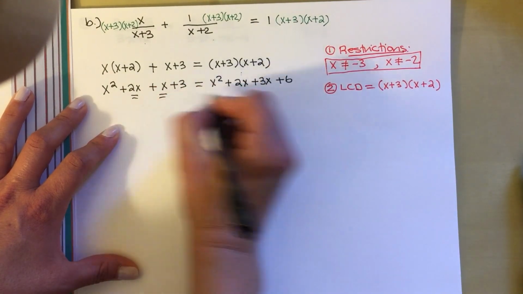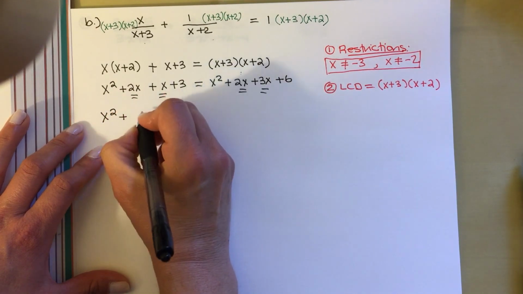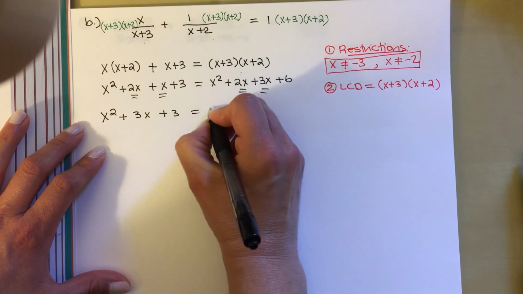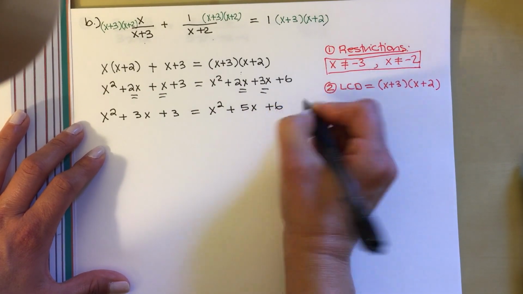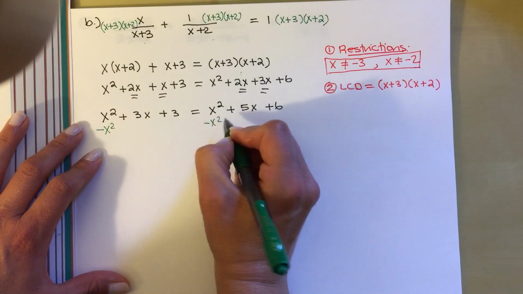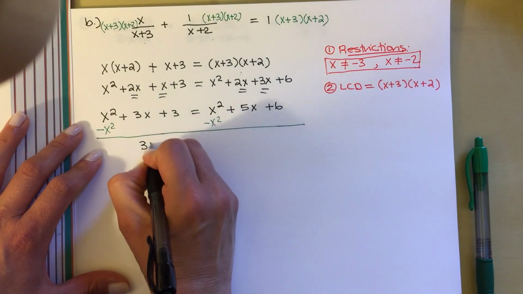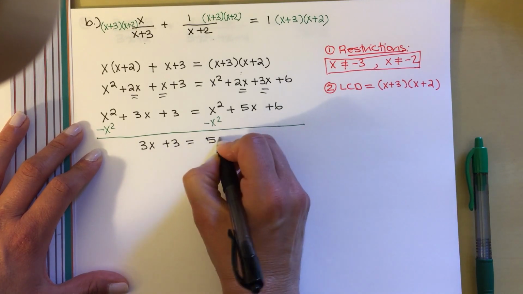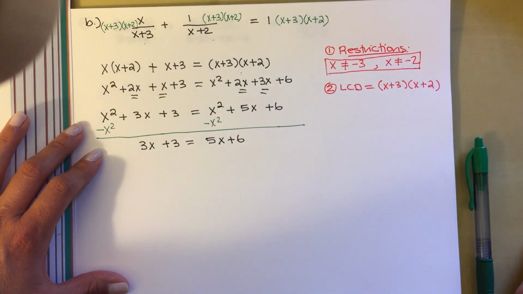Combine like terms. Notice that if we subtract x squared from both sides, that term goes away, and we would just be left with 3x plus 3 is equal to 5x plus 6. And then we need to solve for x.